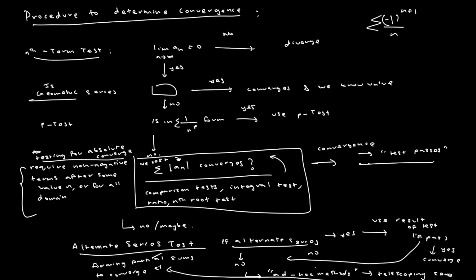So if the alternating series test fails, or if the series itself is not an alternating series, then you must look for other mathematical ways to either show that we have convergence or show that we're diverging. Some of those examples could be the telescoping series that I've talked about before, or forming partial sums in a way that shows either convergence or whether the partial sums diverge.